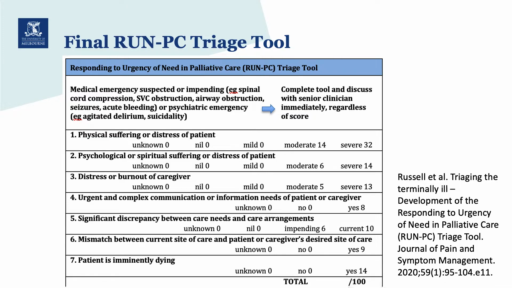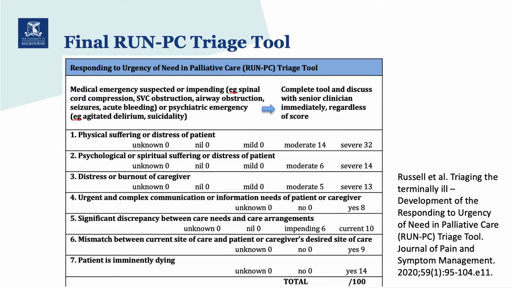So adding in nil versus mild would have meant that the discrete choice experiment would have been a much longer experiment for participants to undertake, and/or we would have needed to recruit many more participants. As it was, we were very pleasantly surprised we had more than 700 participants, but we certainly weren't expecting it to be that successful. So at the time that we designed it, we decided to collapse nil and mild together and just call them both nil.